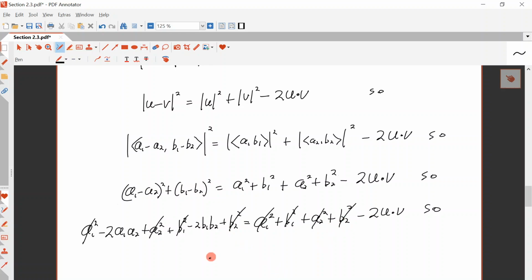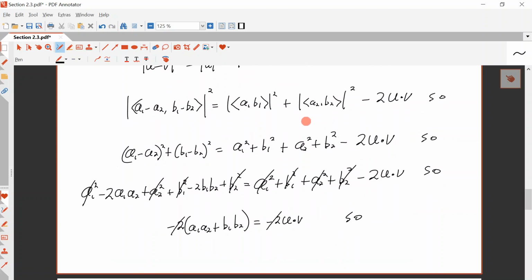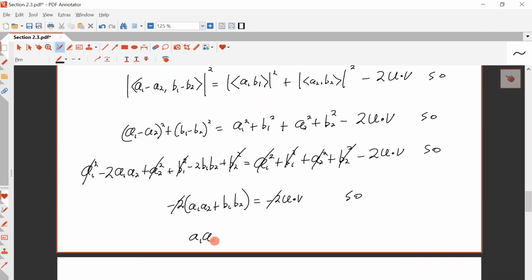Now I'm left with minus 2 (A1 A2 plus B1 B2) is equal to minus 2 U dot V. Cancel the minus 2s, and we have that A1 A2 plus B1 B2 is equal to U dot V, which is our desired result.